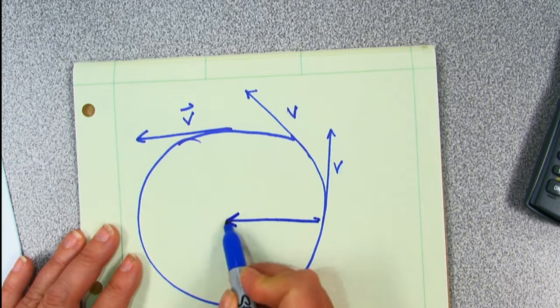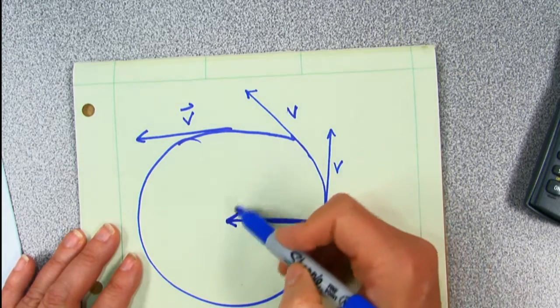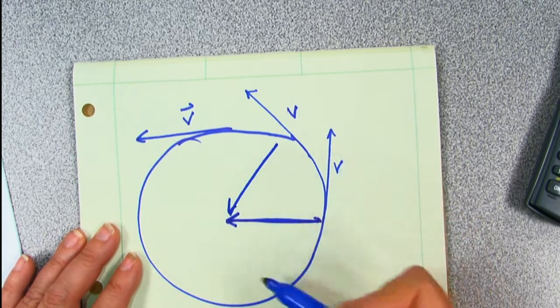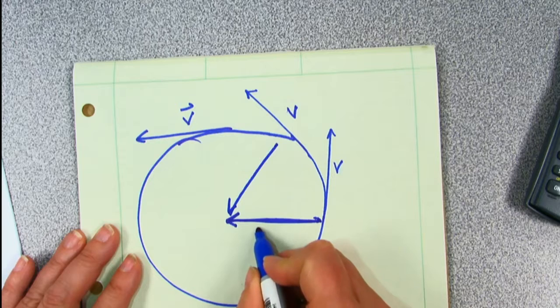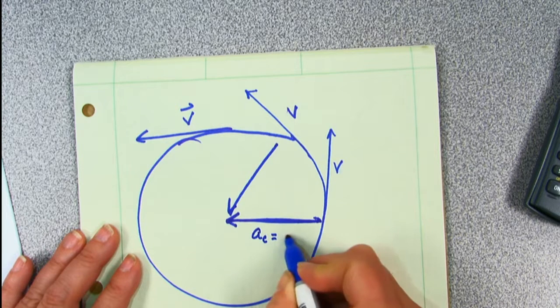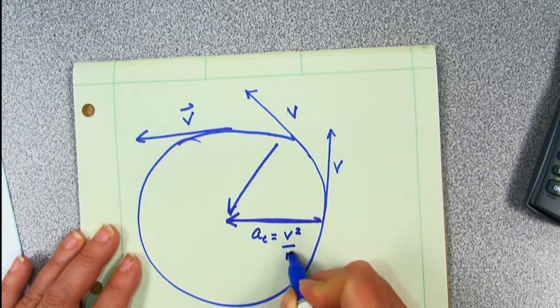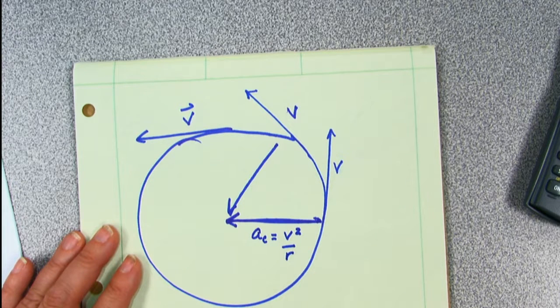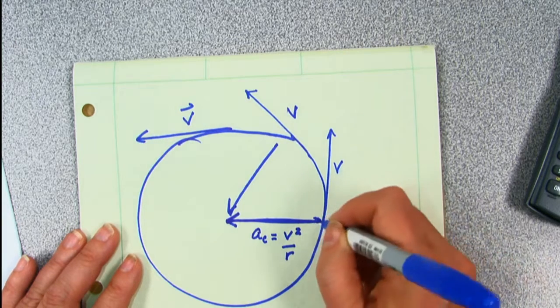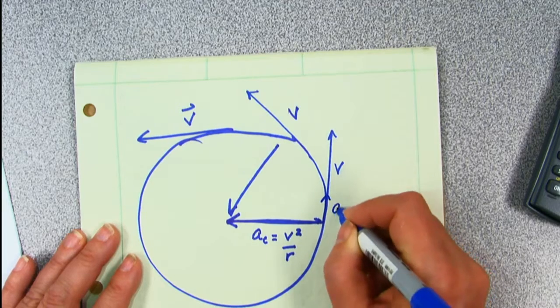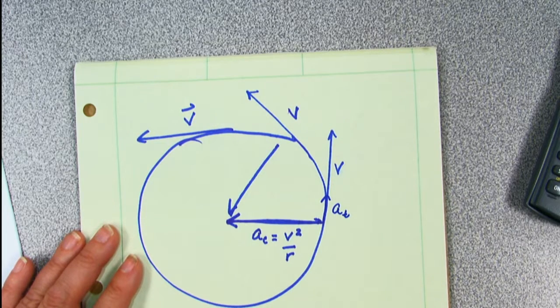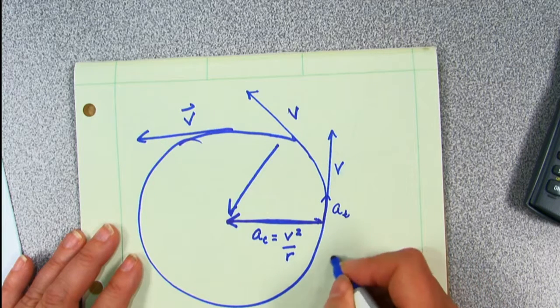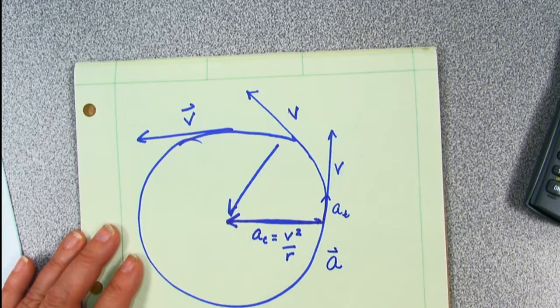I get a center-seeking acceleration in each one of these, and this center-seeking acceleration is called my centripetal acceleration, and that's v squared over r. I also have a little tangential acceleration, and the combination of that is the actual acceleration that I experience.